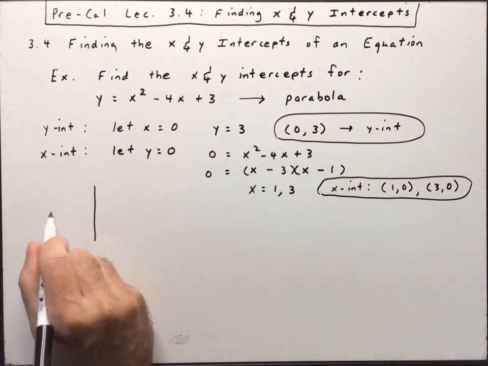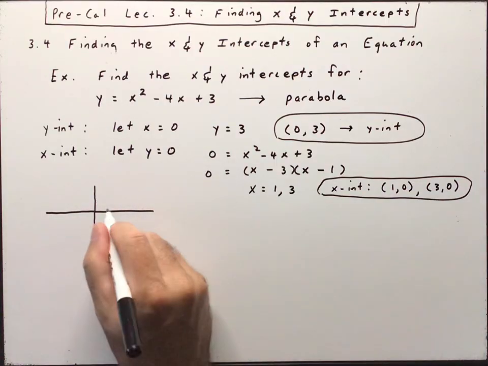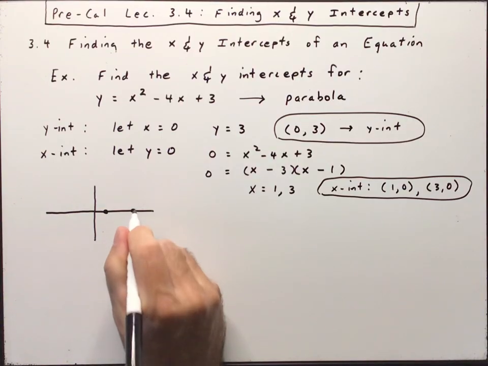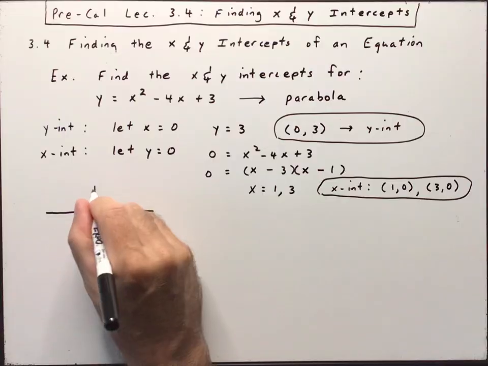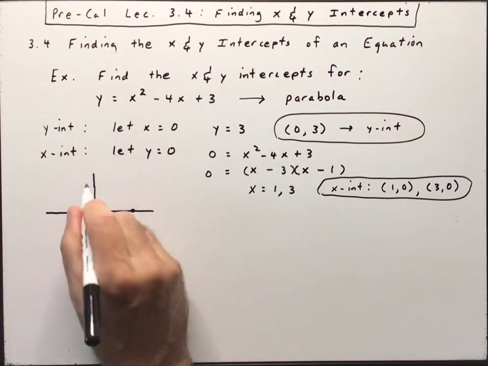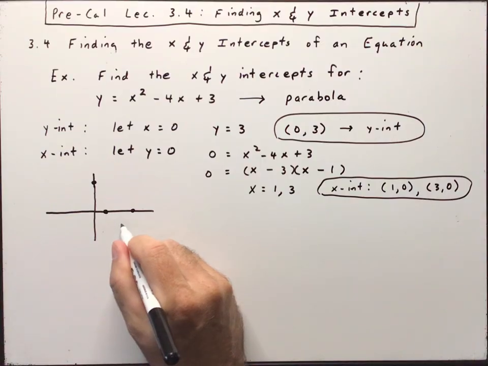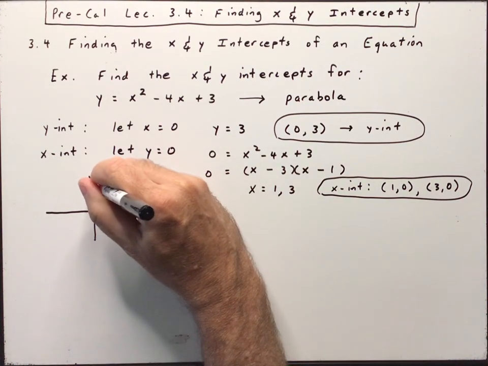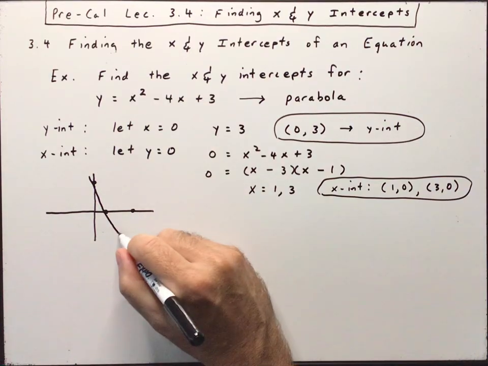Well, we know it's a parabola. We know we have an x-intercept at 1 and at 3. And we have a y-intercept at y equals 3. So we can put that, let's say, right there. So we know that it crosses there. So it would be something like, just taking a guess here, the vertex about there.